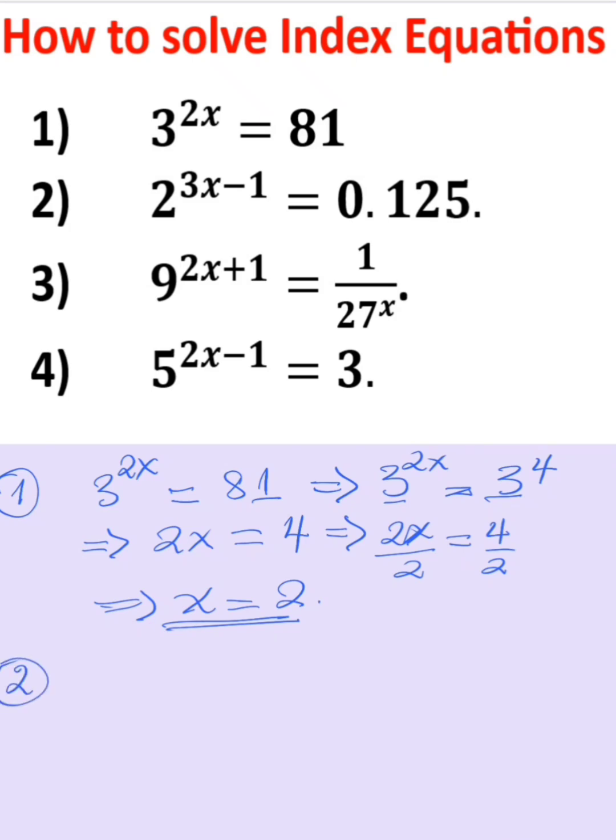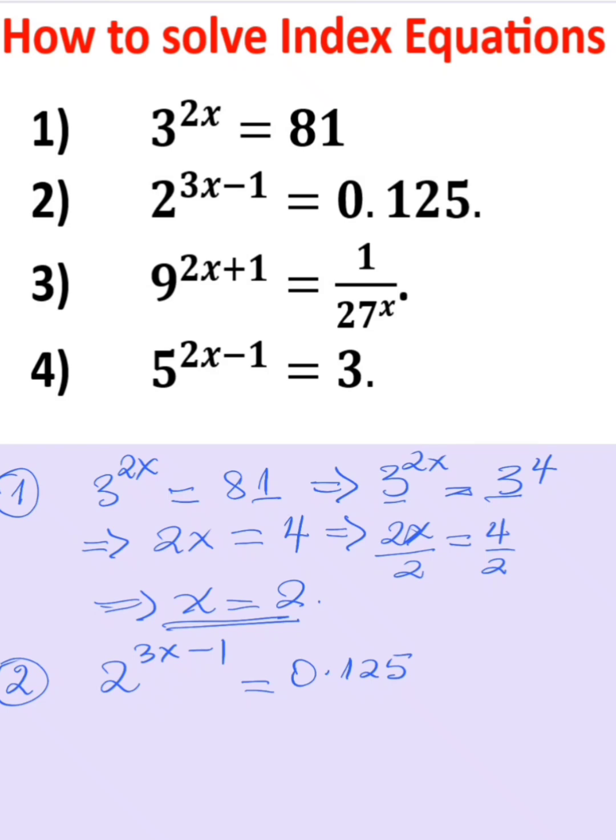In the second example, we have 2 to the 3x minus 1 equals 0.125. So very often the examiner might decide to use a decimal number on the right hand side. In that case, you seek to change it to a fraction and then to index form.